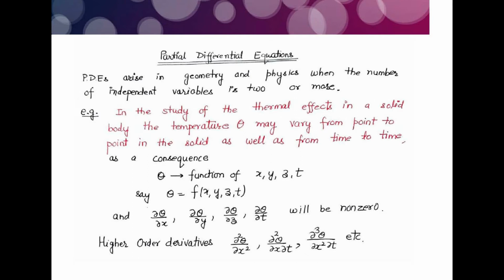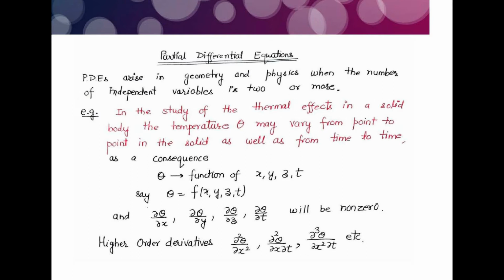It may be constant also, but we can say that the partial derivatives of temperature with respect to x, y, z or t will be non-zero. We can talk about higher order derivatives, like the second order partial derivative of theta with respect to x, and this is the notation: del square theta divided by del x square.